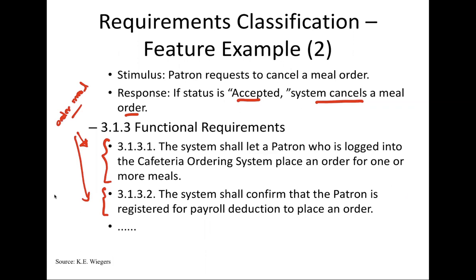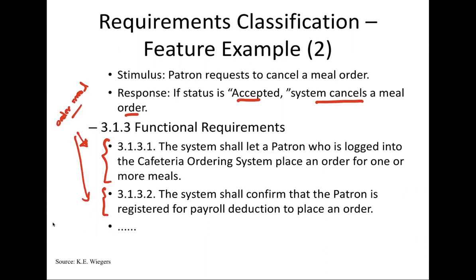We have the priority because it is of the highest priority, since the first stage in a cafeteria platform is to order meals. So you can see it is an easy way of classifying functional requirements, just by listing the whole description about the entire set of functional requirements underneath it, what kind of actions and responses should be done within this feature, as well as the entire list of functional requirements that are related to such a feature.